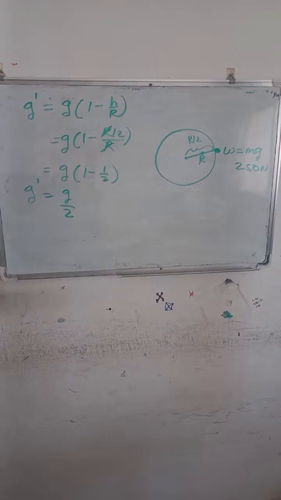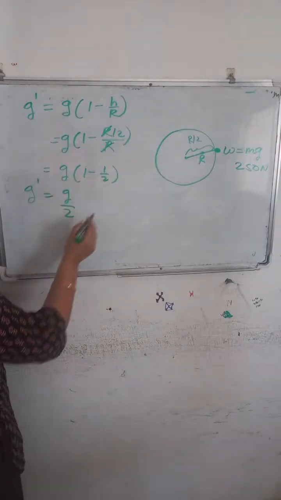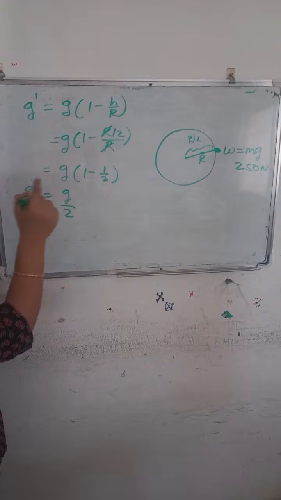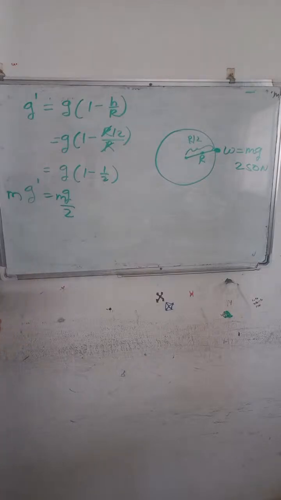Because the weight component is given and they are asking for weight, not g dash, multiply both sides by m. You will get m g dash is equal to m into g divided by 2.